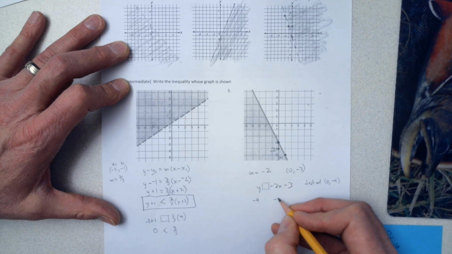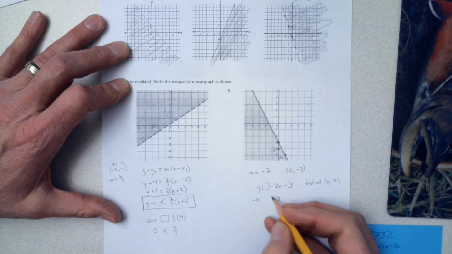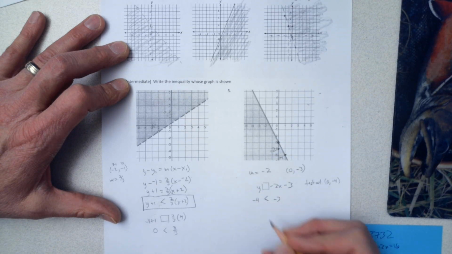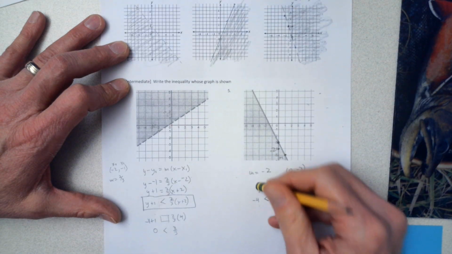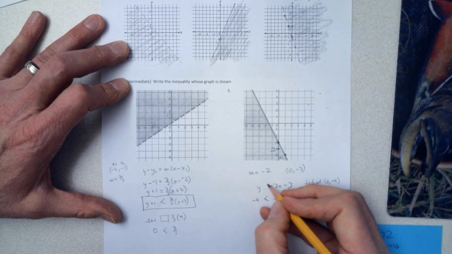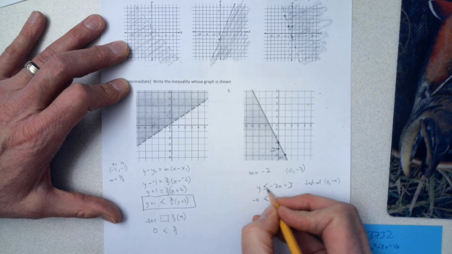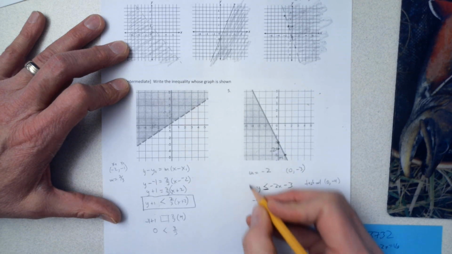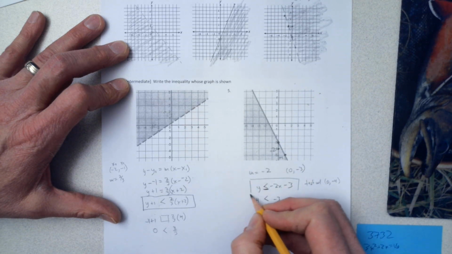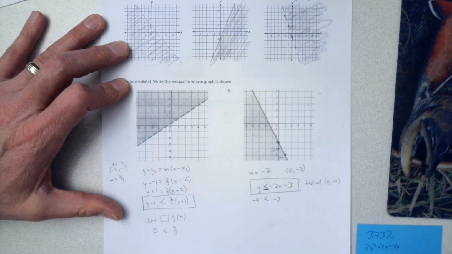If I put a 0 in here, I get a -3. Pretty close to each other, but -3 is bigger than -4. And so that is the inequality that should be in there, and it was a solid line, so I should put the equal to part on it. That is the inequality that's being graphed in that picture.